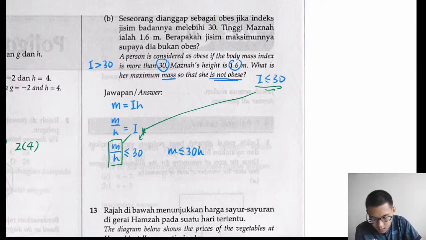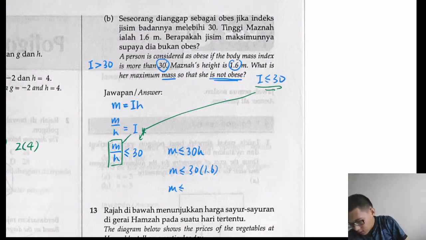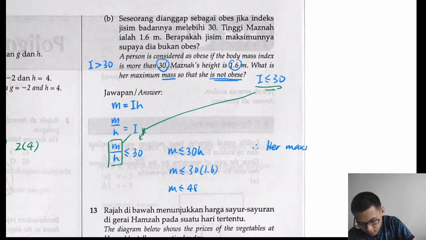30h. Just now we have height is 1.6, right? So just substitute 1.6. So our mass should be 30 times 1.6, 48, less than or equal to 48 kg. Her maximum mass should be 48 kg.